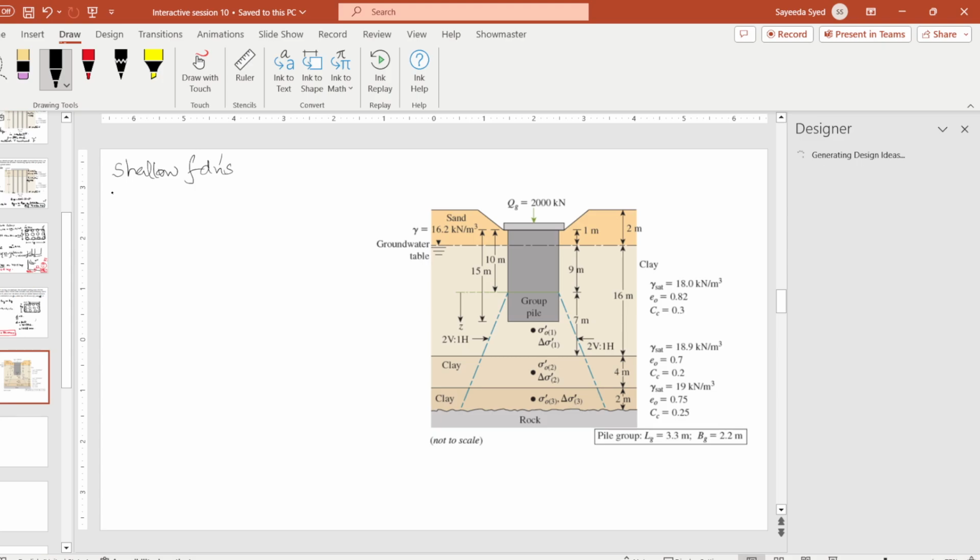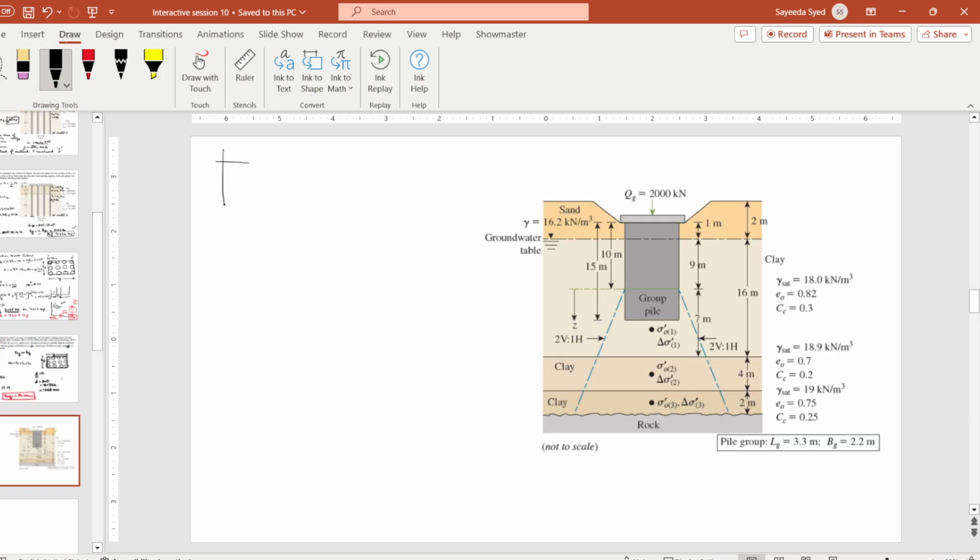If we're not talking about consolidation settlement in piles, because the area of a pile is too small to cause consolidation. What it can do is cause a punching kind of thing, but it will not cause a uniform settlement in a layer as such.